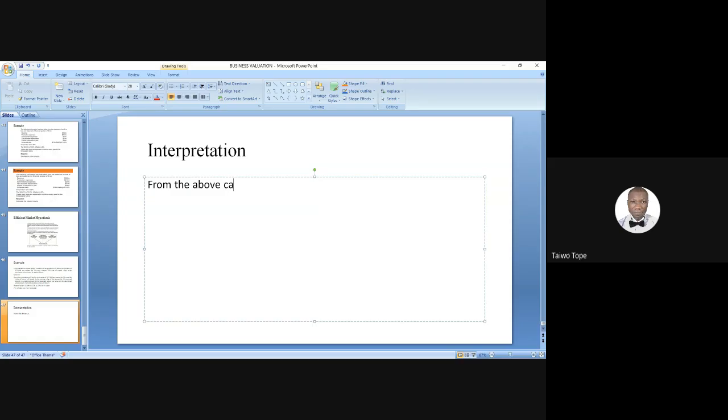From the above calculation, a prospective buyer would be willing to pay a maximum of 104,800 for the business.